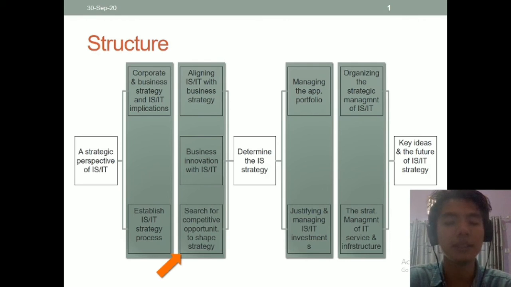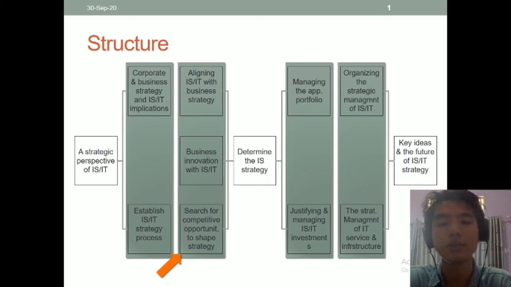determine the IS strategy, which includes aligning ISIT with business strategy, business innovation with ISIT, search for competitive opportunity to shape strategy, managing the app portfolio, justifying and managing ISIT investment.